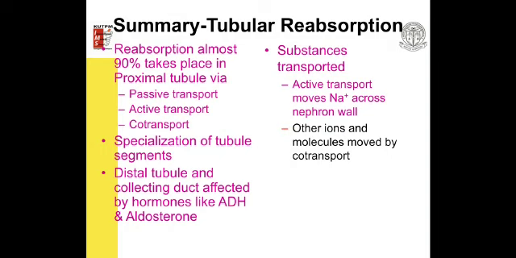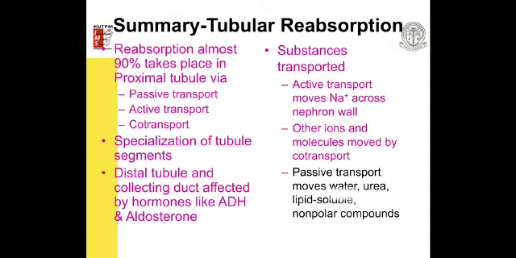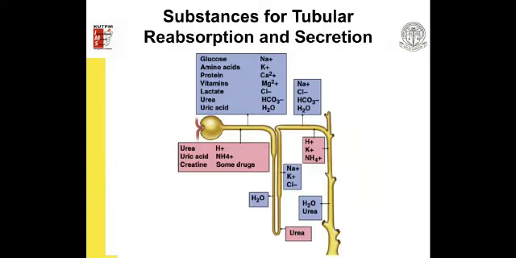Other ions and molecules are moved by co-transport. Passive transport moves water, urea, lipid-soluble and non-polar compounds. For tubular reabsorption and secretion, you can see that most of the substances are reabsorbed in the proximal convoluted tubule, and some substances like hydrogen and potassium are secreted.